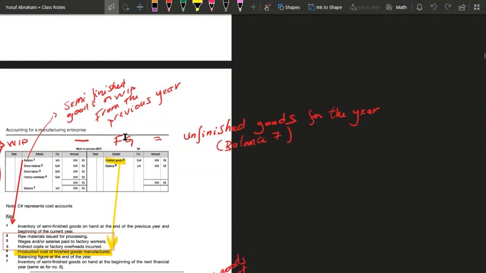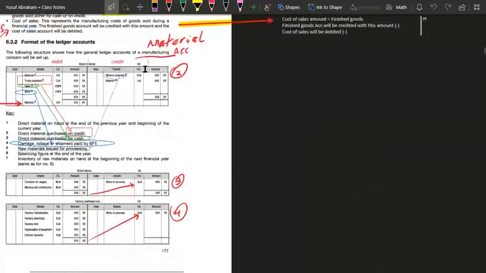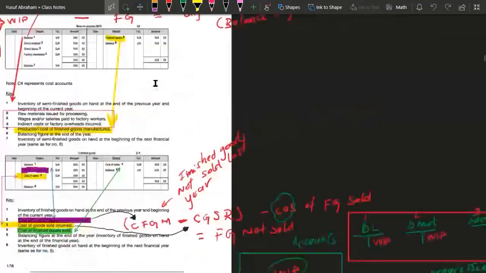But what else do we have? We have these three amounts, everything that is work in process. No, don't take into account the balance. No, just the work in process. All these three amounts are going to be brought into this account, work in process, right?